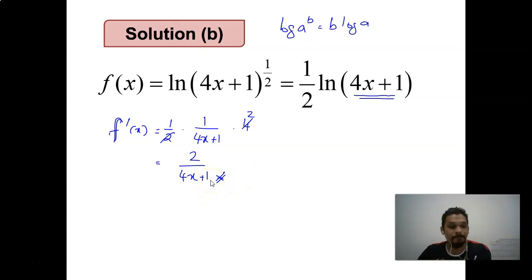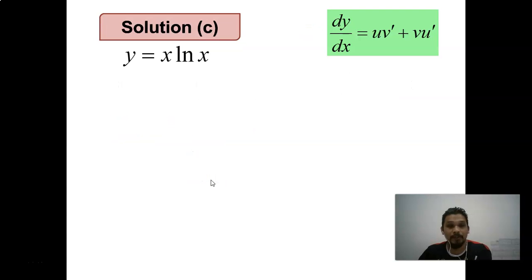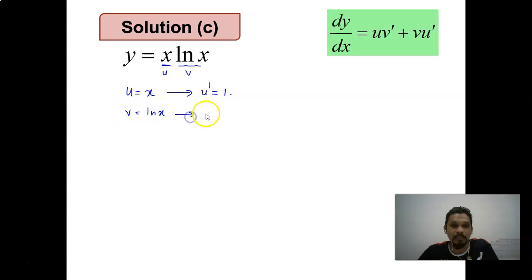Okay, next. Now u equals x. Just imagine that this is u and this is v. So u equals x, then u prime equals 1, and v equals natural log of x, then v prime equals the derivative of ln, 1 over x. The derivative of x gives you 1 here.